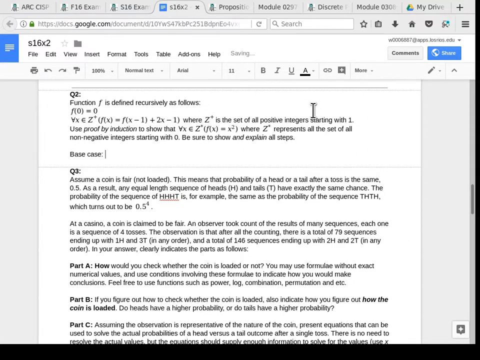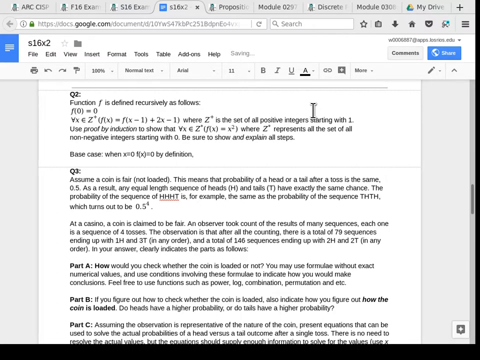So the base case is, out of the entire range of values where the theorem is true, you basically just pick the one that is the easiest to prove. So in this case, the base case is when x equals 0. Okay, so when x equals 0, f of x equals 0 by definition.